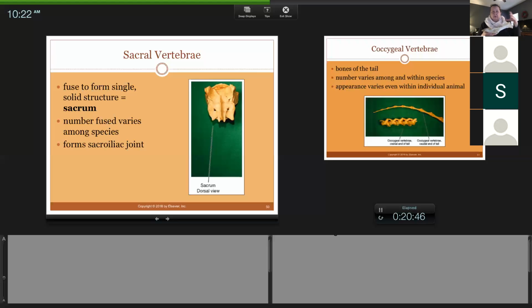One of the landmarks is you have to find the wings of the ilium, and you feel that on a dog's back, and then where you put your finger, sometimes there's a little divot. On my dog, I can feel his wings, and there's a divot. Right about that divot is called L7S1. So that's the end of the lumbar vertebrae and the beginning of the sacrum, and it's right about here. Then you have your sacrum, and then your tail goes like this. So that's what we're looking at here.